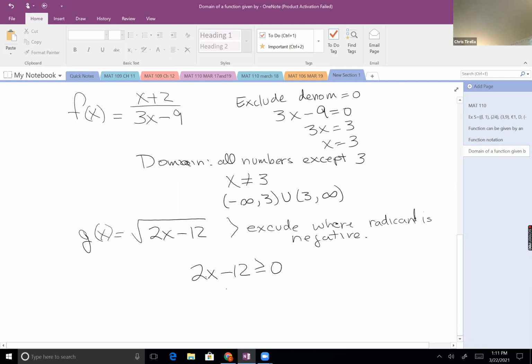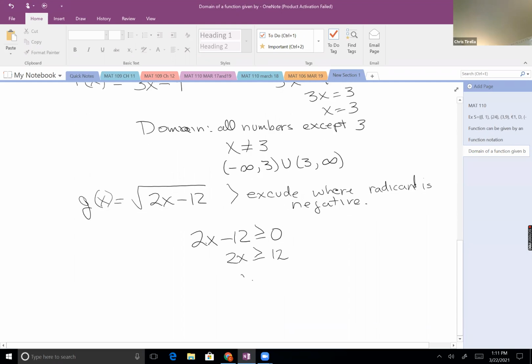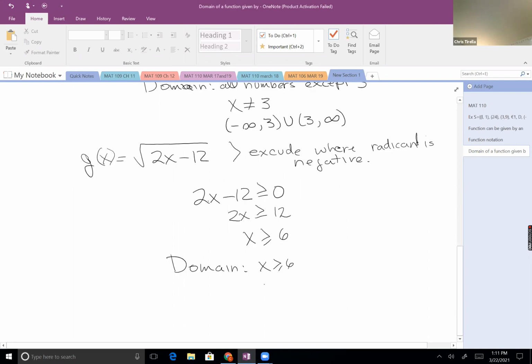And so solving this, adding, I get 2x is greater than or equal to 12. And dividing, I get x is greater than or equal to 6. So the domain can be written as x must be greater than or equal to 6, or we can put that also in interval notation, all of the values greater than or equal to 6.